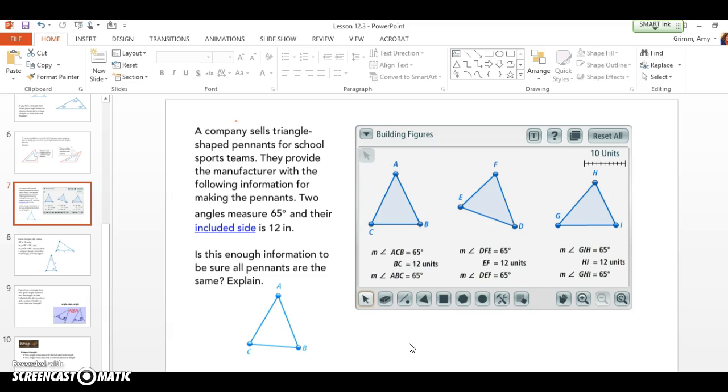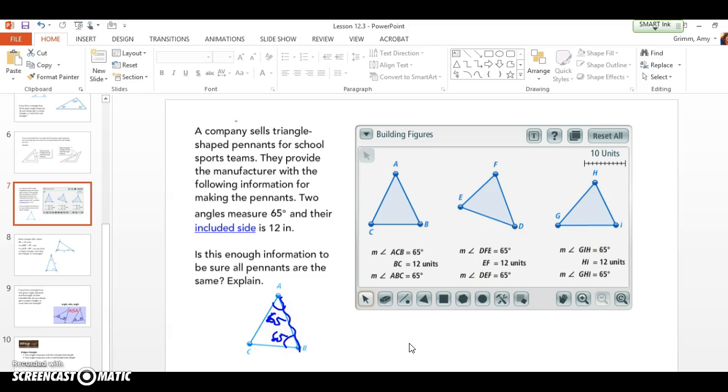Okay. So let's look at what that's saying. That is saying that if you have, let's pretend that this one is 65, and this one is 65. Can you tell me which side would be included? Which side is included? Marilyn? AB, perfect. You guys are the first class to get that today.